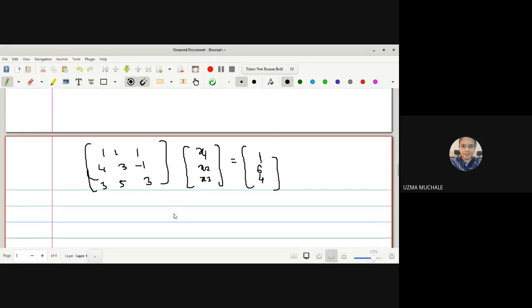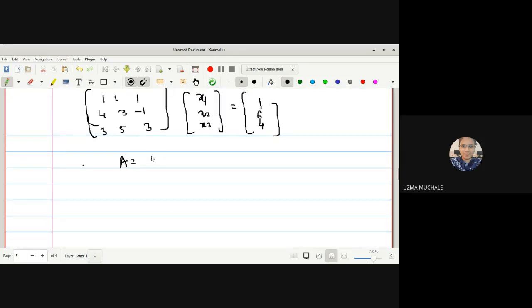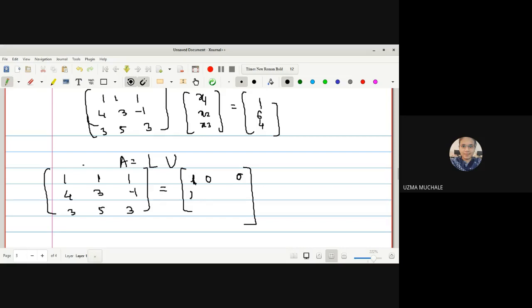Now, our job first is to write the matrix A in the form of L into U. L is the lower triangular matrix and U is the upper triangular matrix.